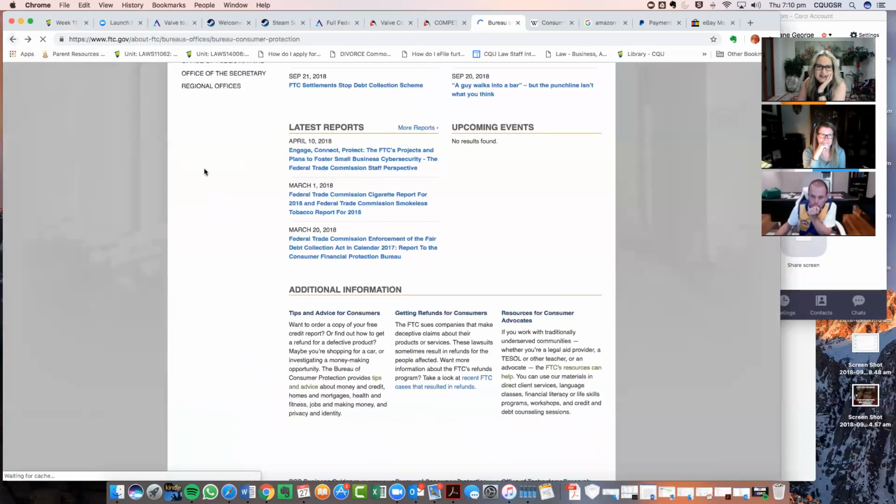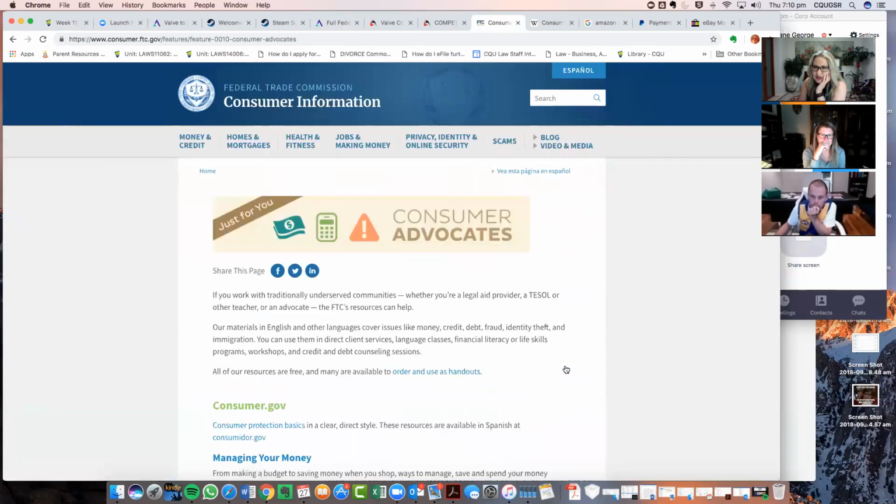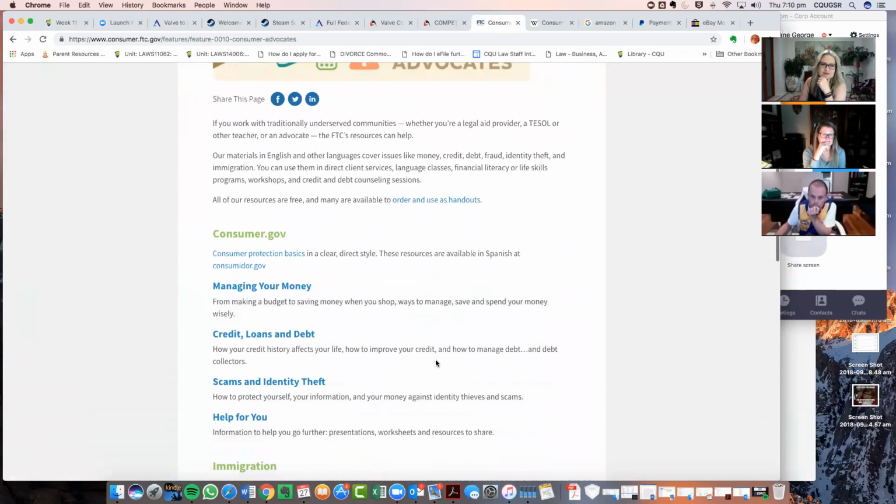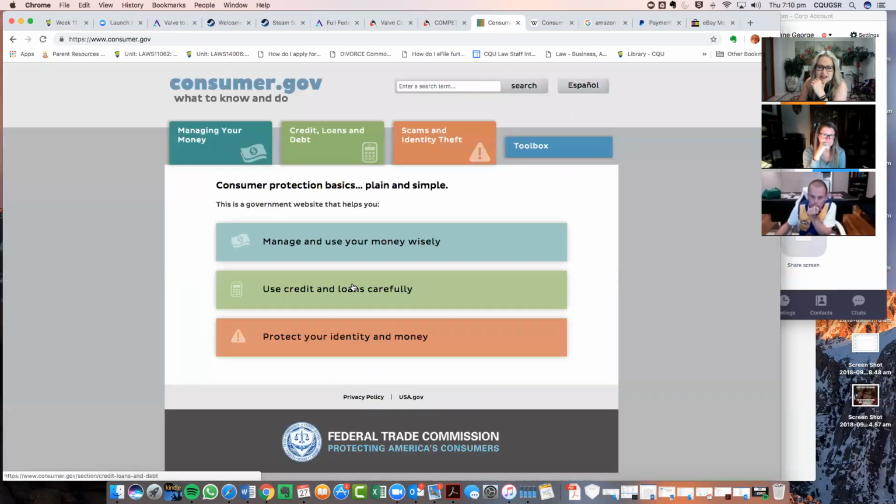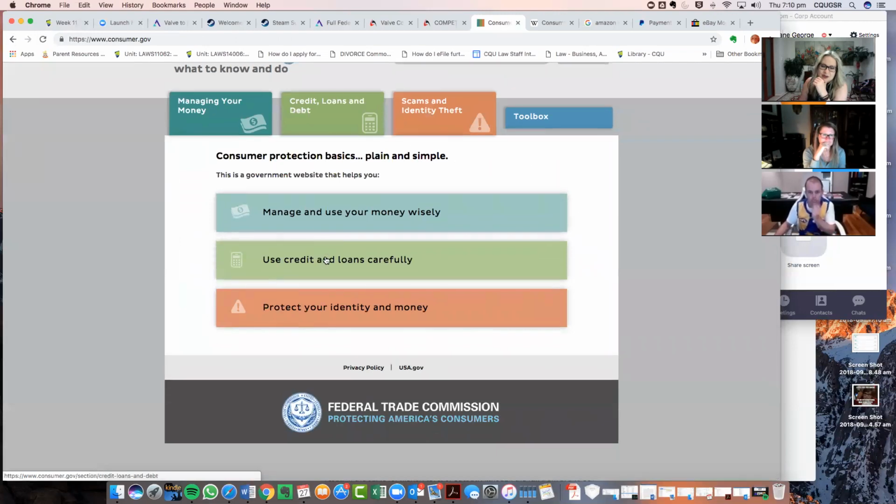So, okay, you think, all right, well, there's nothing there. So maybe we'll go to the resources page, which you would think logically would set out your rights as a consumer. Consumer protection basics, that seems to answer the search question, but then really it comes up with this, which is, what about if I've bought something and I want to return it?